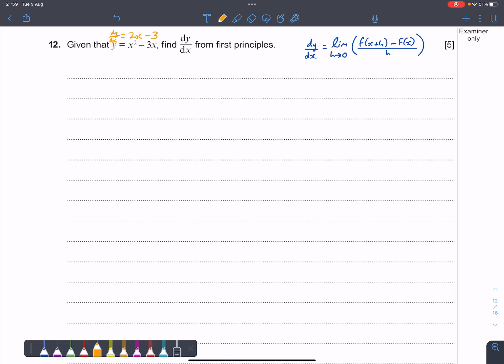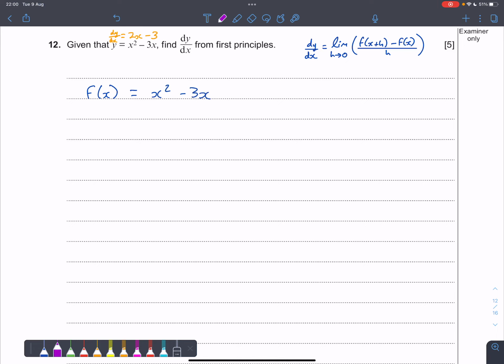So the first thing I'm going to need is every part of this formula. So I tend to look at the bits in brackets first before I worry about this limit. So I need to look at f of x plus h. I already know what f of x is. So my f of x is this expression that we called y up above. So that's my x squared minus 3x.